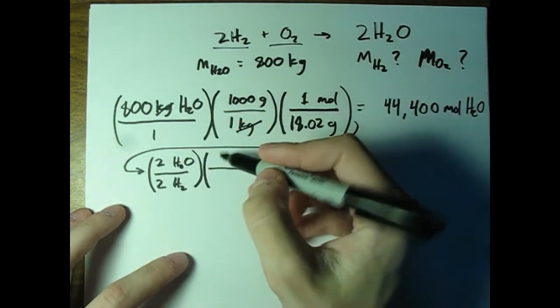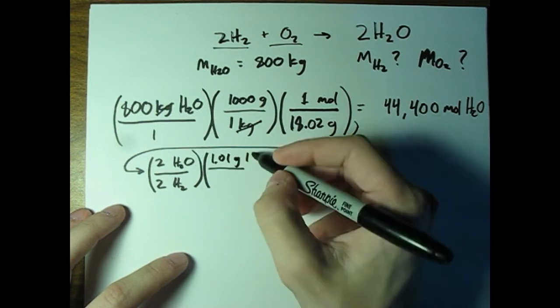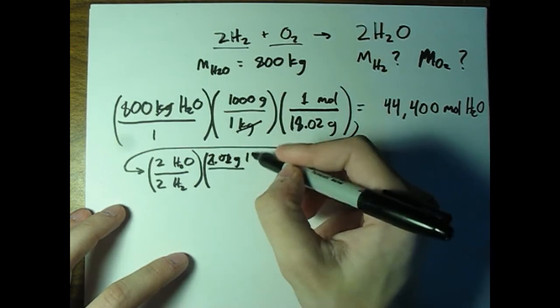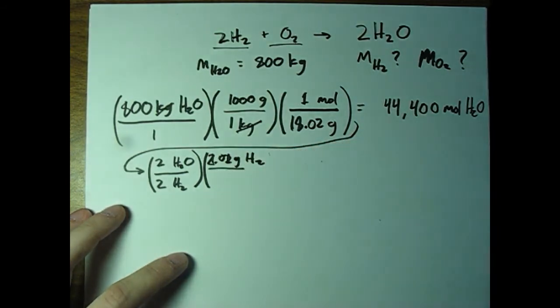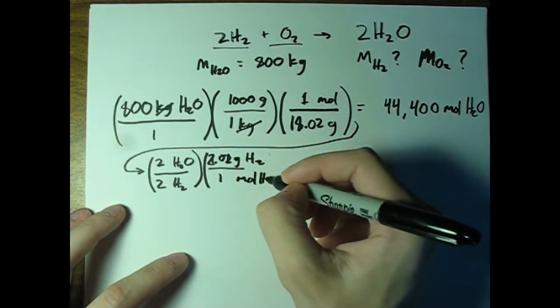I won't show it, but it's 1.01 on our periodic table. Grams of, actually it's 2.02, isn't it? Grams of H2 for every mole of H2.